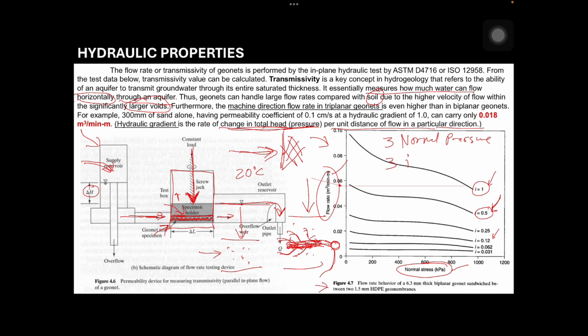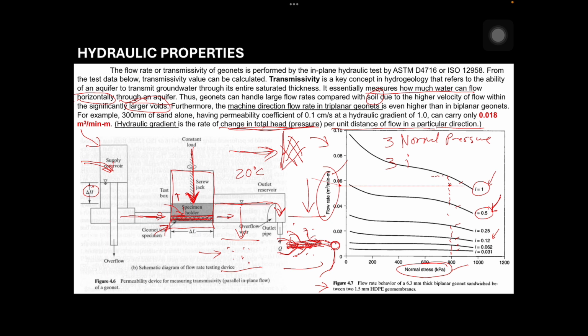So, for this figure 4.7, this is the flow rate behavior of a 6.3 mm thick biplanar geonet sandwiched between two 1.5 mm HDPE geomembranes. So, this is the test result. So, instead of just three gradients, they made it 6, with gradients from 1.5 and going down. So, you can see here, say you applied a pressure of 800 kilopascals, and you want a gradient of 1.